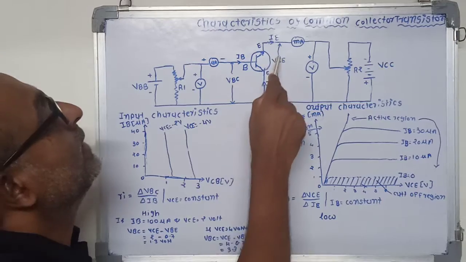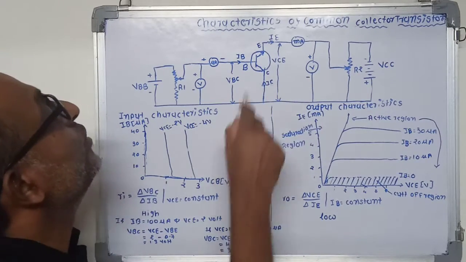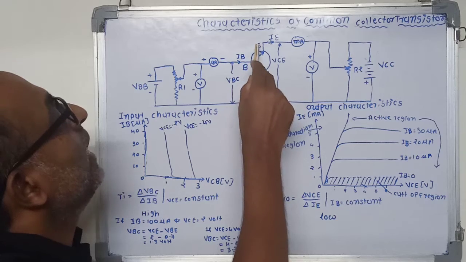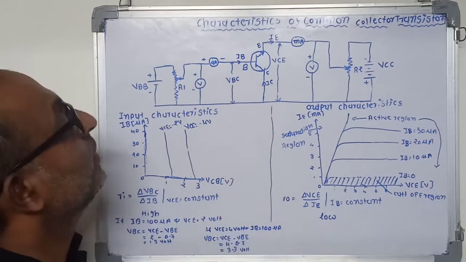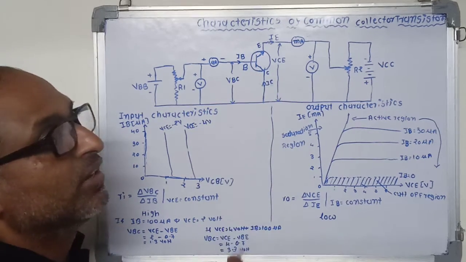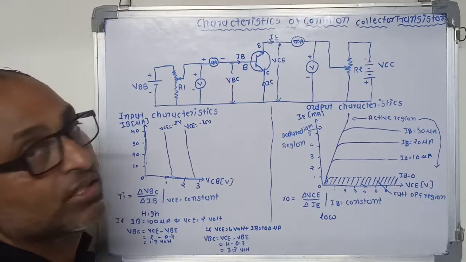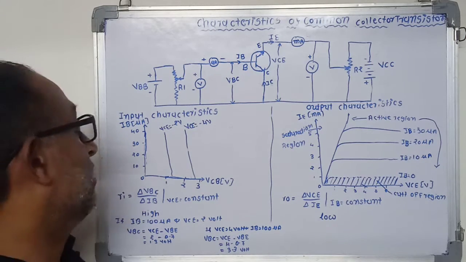Now when we are increasing the value of collector emitter voltage, it reduces the voltage available at the base emitter junction. Due to this reduced voltage, the base current is reduced. I will give you one example.